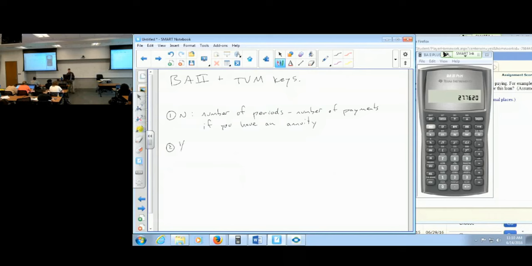Moving right, we've got the I/Y key. This is the effective interest rate per period. I/Y stands for interest rate per year, but we might not be working with years. So just the effective interest rate per period.